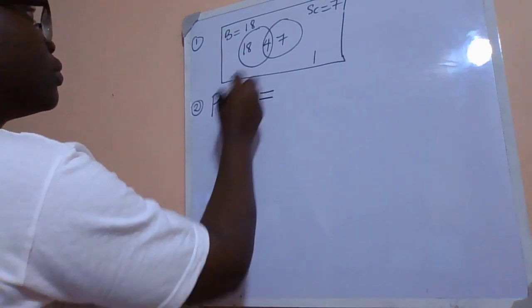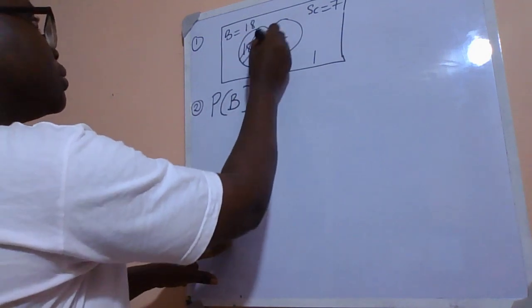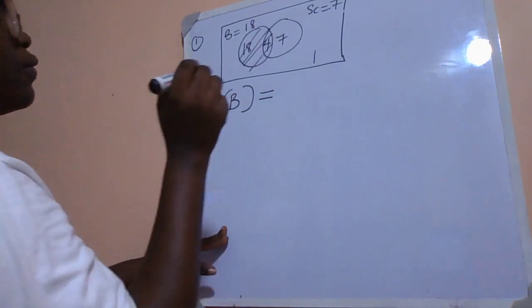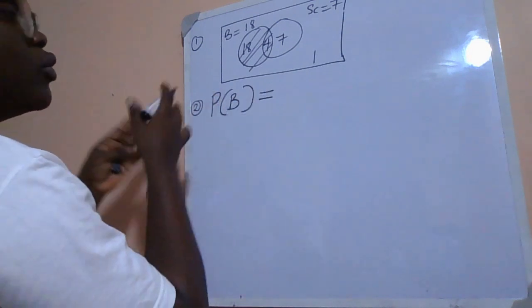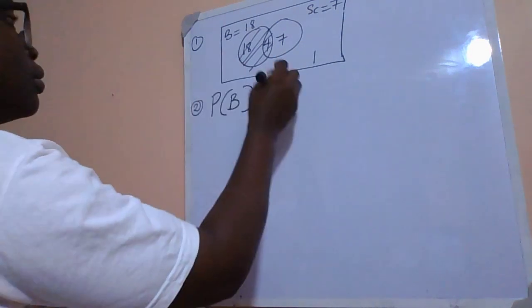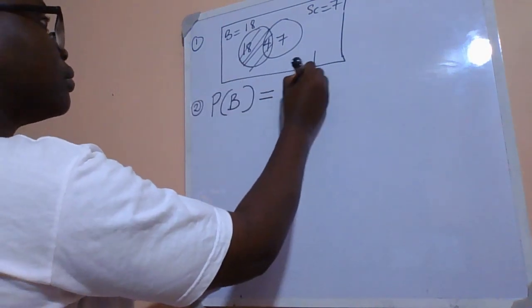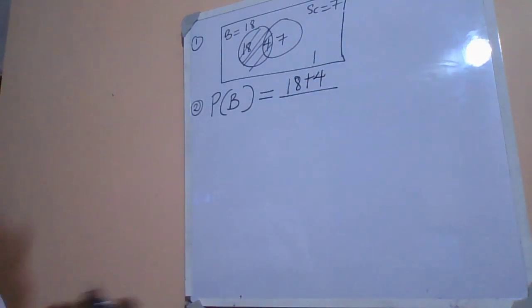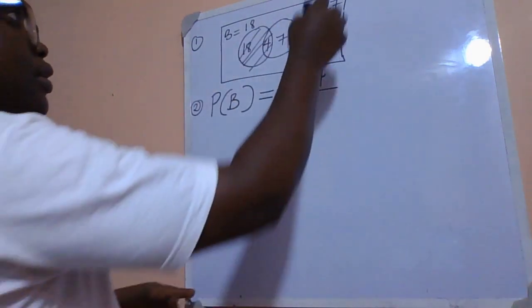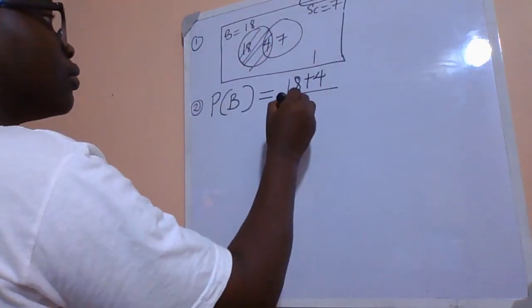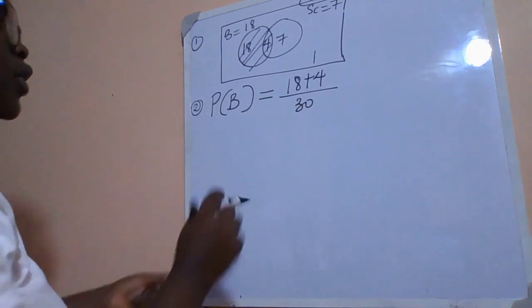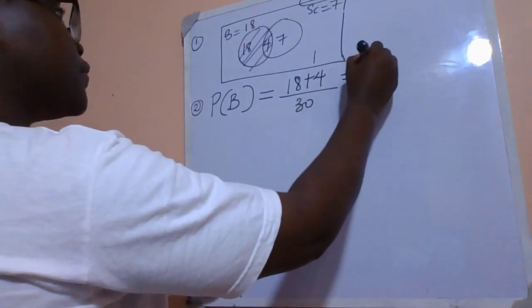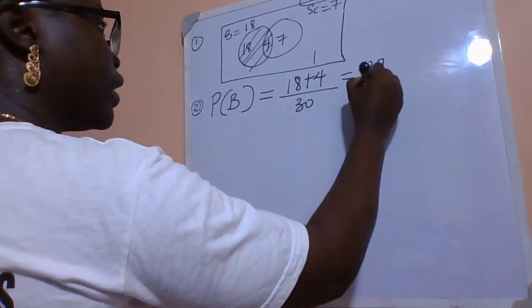So, of course, we know this is biology, 18 and 4. So we are going to be summing up the total number of biology. So we have 18 plus 4 divided by the sum of all the learners, which is 30. So 18 plus 4 gives us 22 divided by 30.